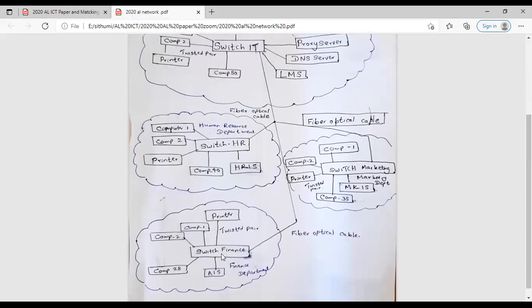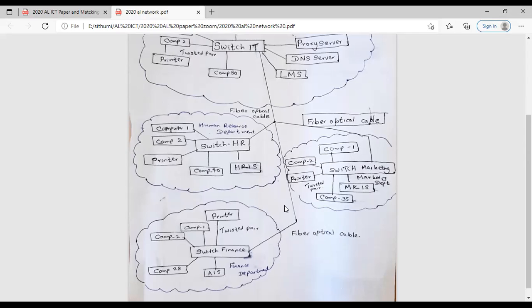And for the finance department, there is an AIS, and 28 computers are connected, and the printer. The printer is connected through twisted pair.